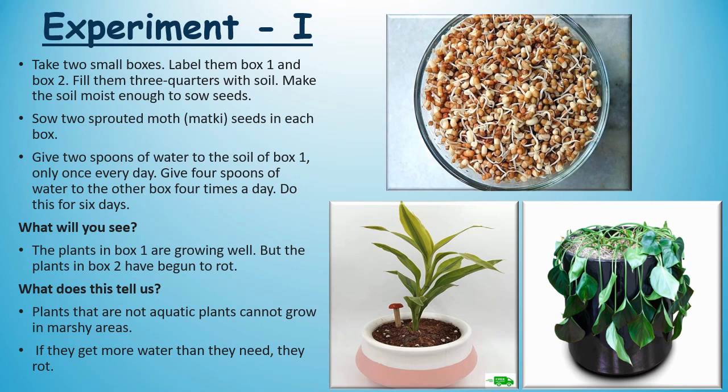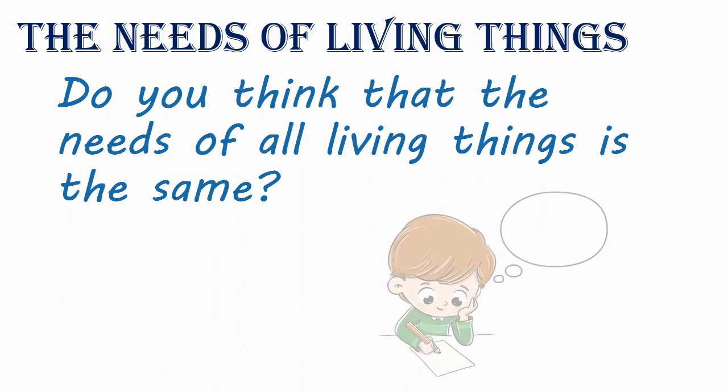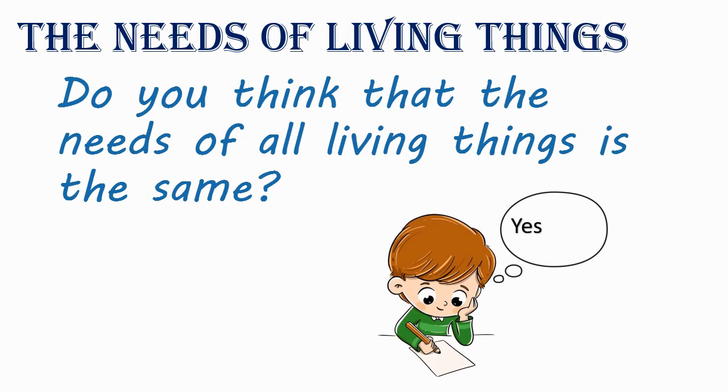If they get more water than they need, they rot. The needs of living things. Do you think that the needs of all living things are the same? Yes or no?